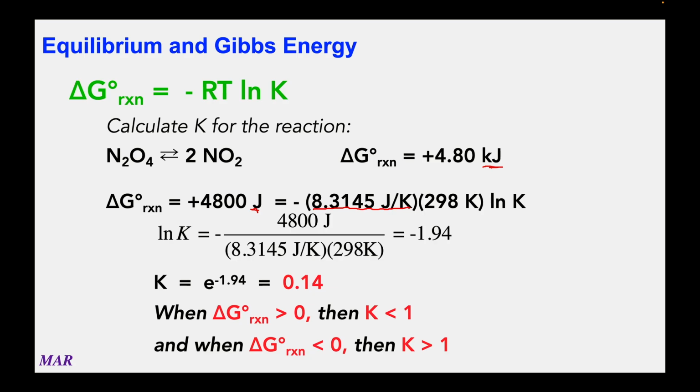Likewise, if you have a delta G which is spontaneous, i.e. less than 0, a negative number, then that means you should have a product favored K, a K that's greater than 1. So delta G's that are positive go with K's that are less than 1. Delta G's which are negative go with K's that are greater than 1. And that does sometimes help to figure out if your answers make sense or not.